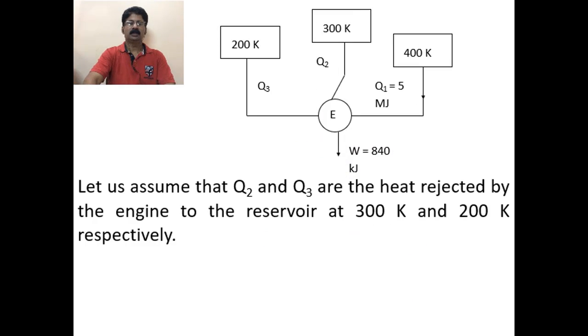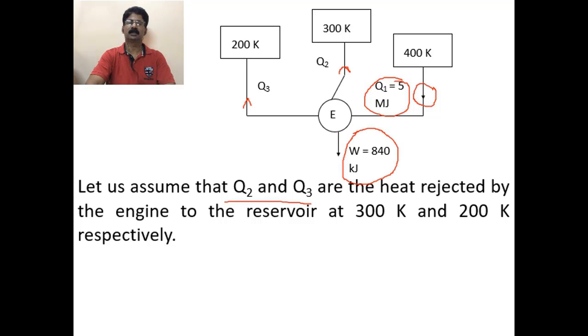So let us assume that Q2 and Q3 are the heat rejected by the engine. Now you have to assume a direction for this. Heat rejected means these 2 are the directions. Anyhow it is absorbing 5 megajoules from 400, you can see the arrow mark. Part is converted into work, so one rejection must be there.